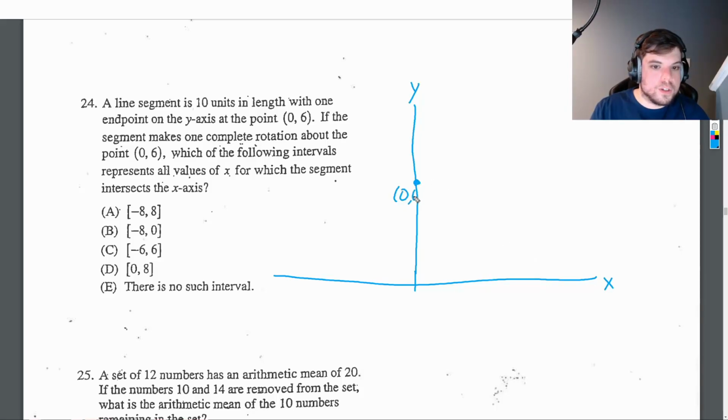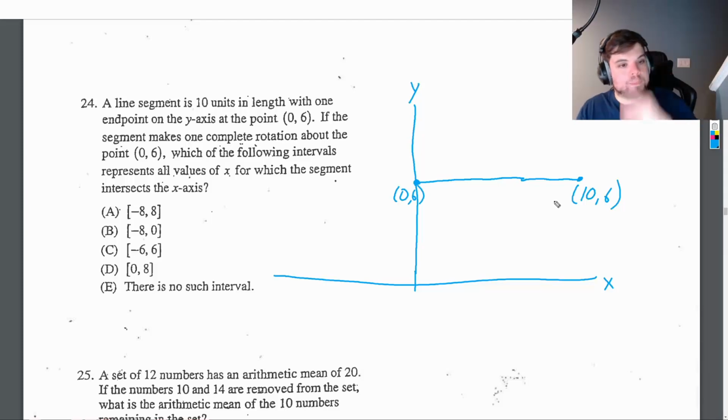This is 0, 6. It's 10 units in length. It doesn't tell us what direction it's in. So all we know is it's 10 units in length. It's a line segment, so this is the point 10, 6.